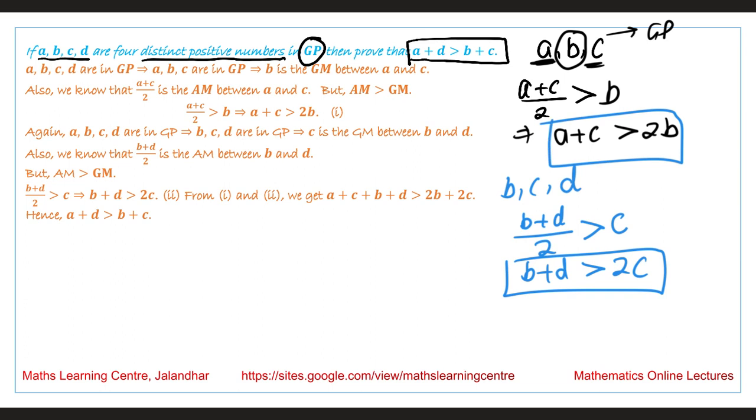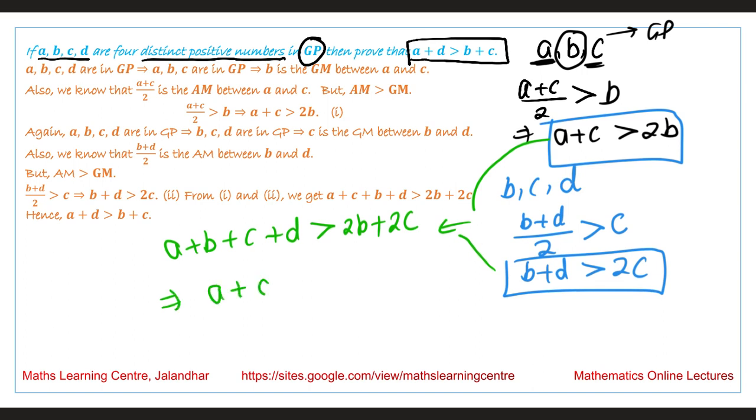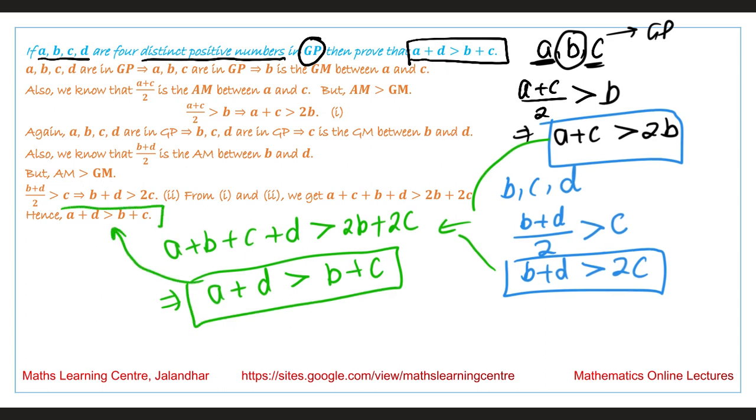Now if we add both these equations, we obtain a plus b plus c plus d is greater than 2b plus 2c. So this implies that a plus d is greater than b plus c.